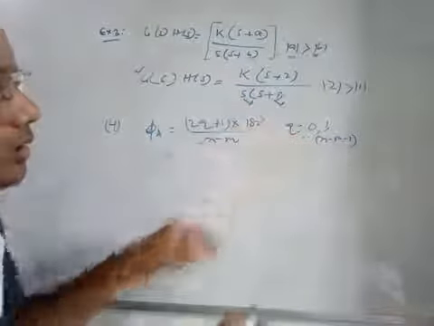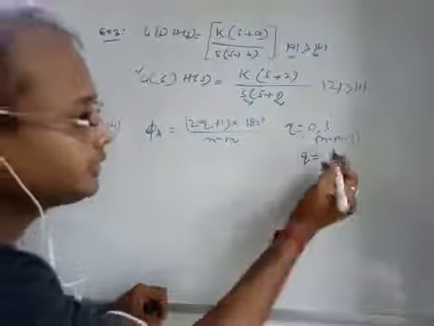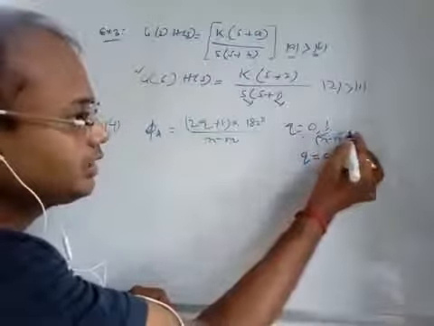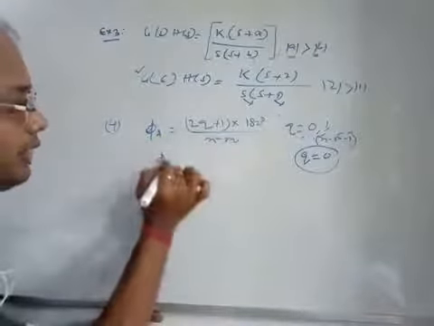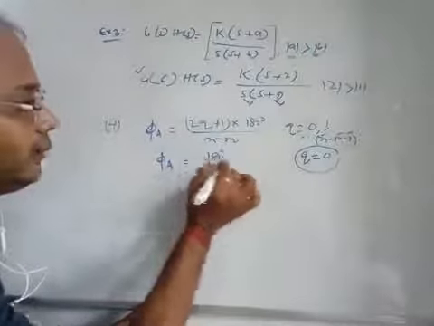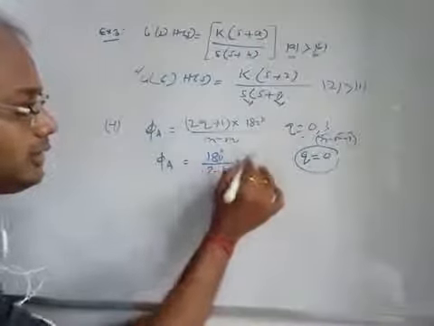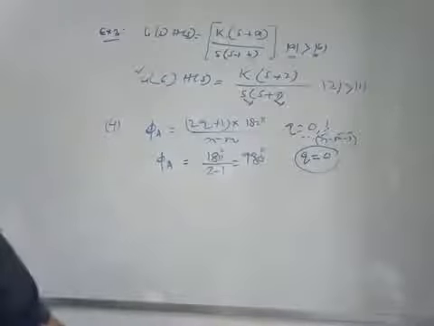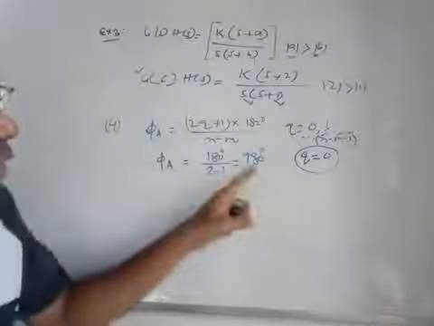So this q will be having only 0 value, because n is 2, m is 1, this is 1, so 0. Once the value of q is 0, only one asymptotic angle we will get, that is equal to 180 degree by n minus m, that is 180 degree. So we get one asymptote, single asymptote, 180 degree.